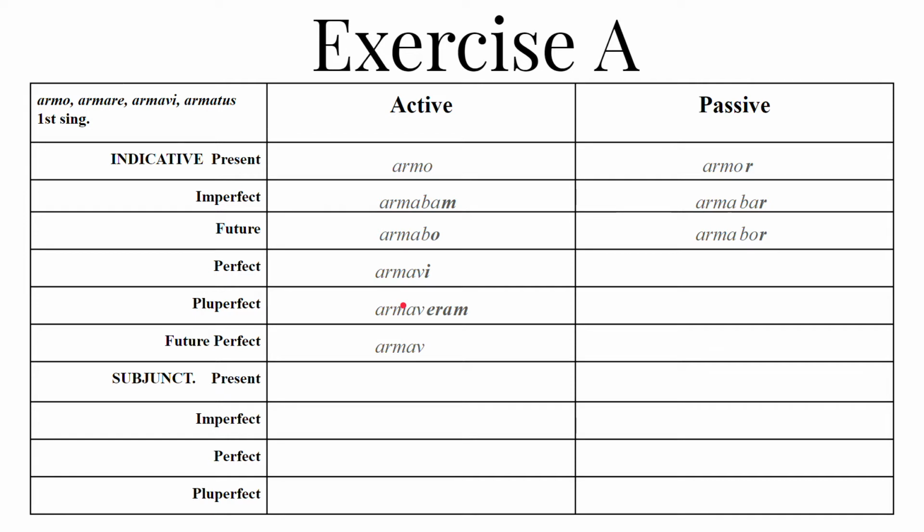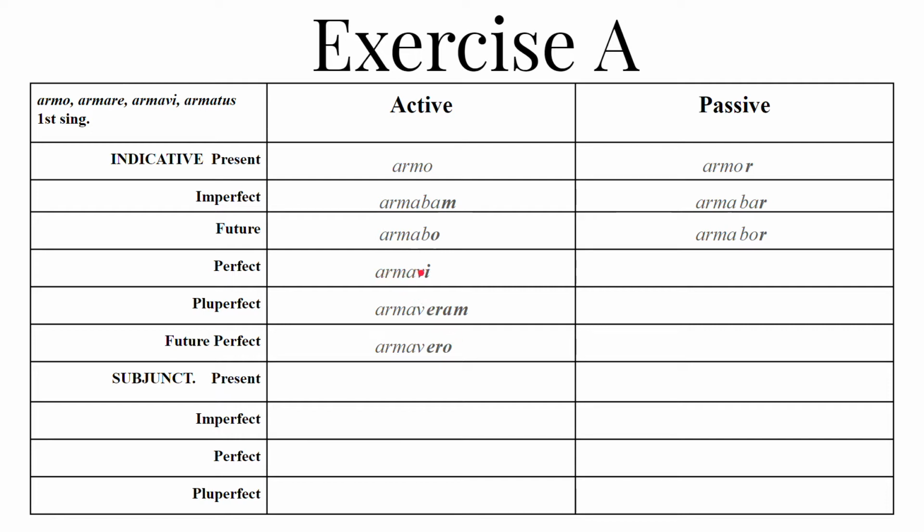So armaveram. And then the future perfect has the tense marker ere for most of its forms, but the first person singular uses just the O. So it's almost like the future here. Bo, ero. So armavero.